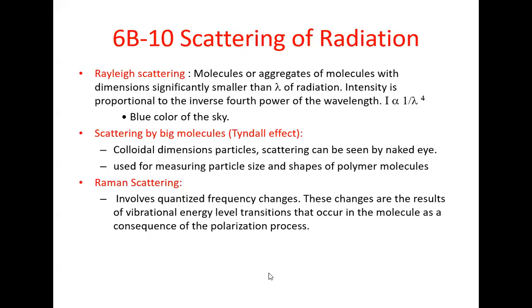The keyword is quantized frequency changes, and these changes are the results of something.